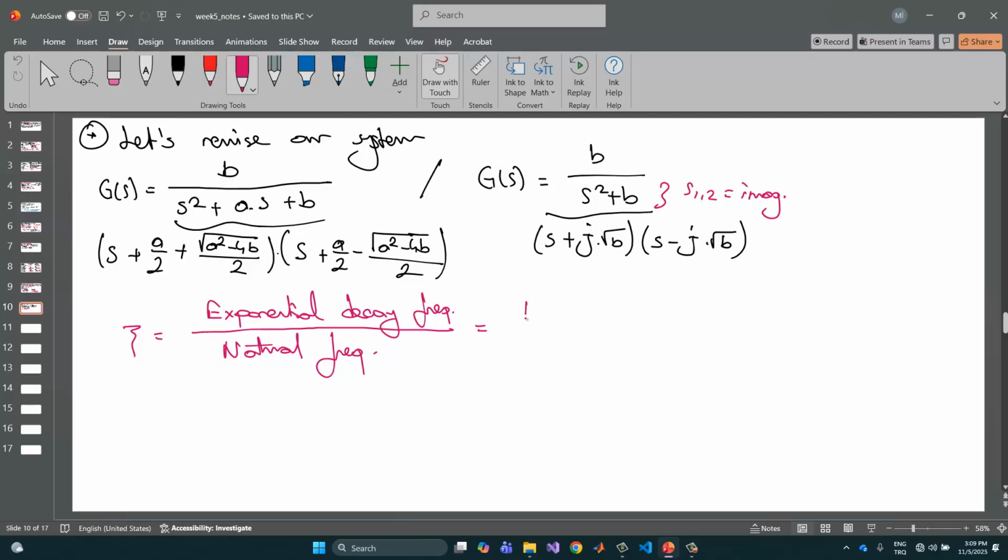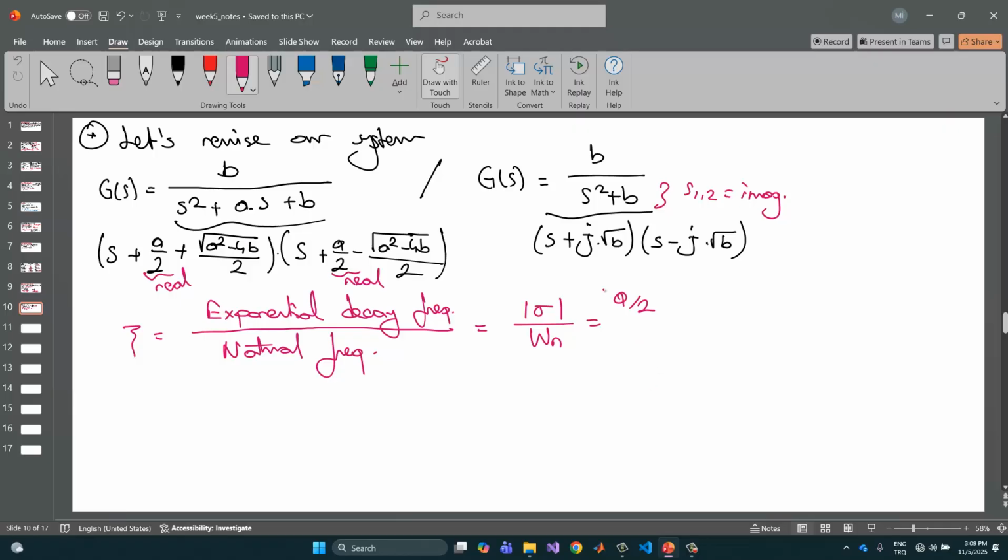And so it means that we have the sigma component at the real part on the s plane, and we call it the Wn for the natural frequency, and so a divided by 2 because it's the real root. Okay? The other one may be imaginary because we have the square root in here.